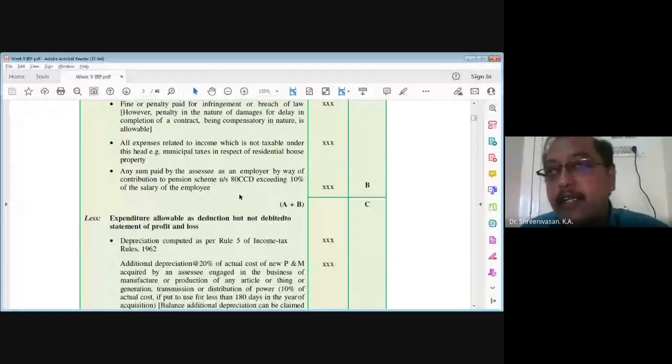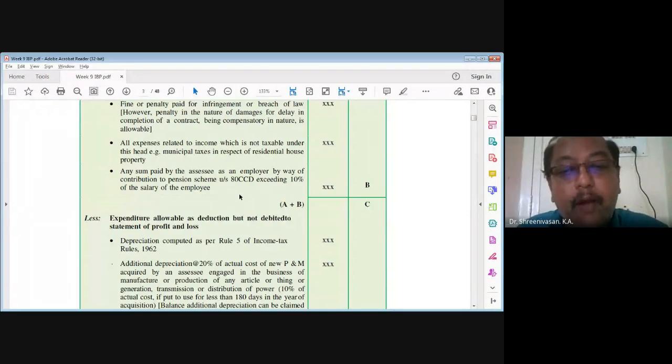If it is deducted in the computation of net profit of a business, that becomes a personal expense, and that is claimable only under the head of income from house property. So that expense is not going to be claimable under this head, so that is also not going to be allowed. So that is added back.